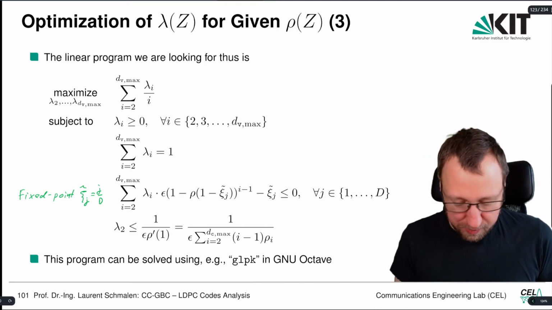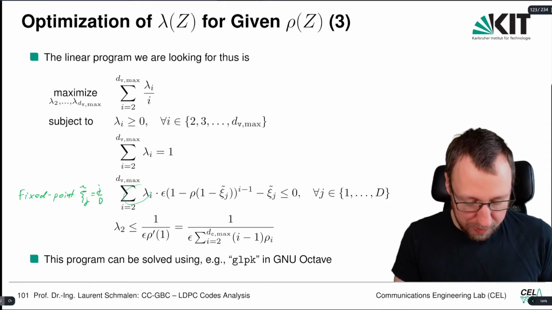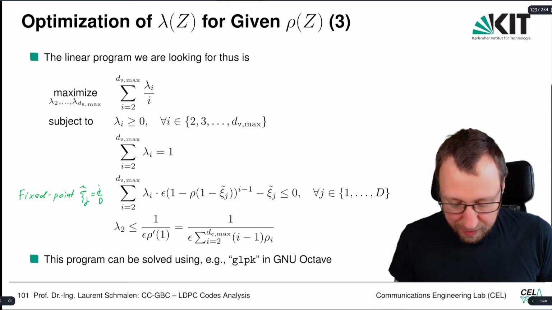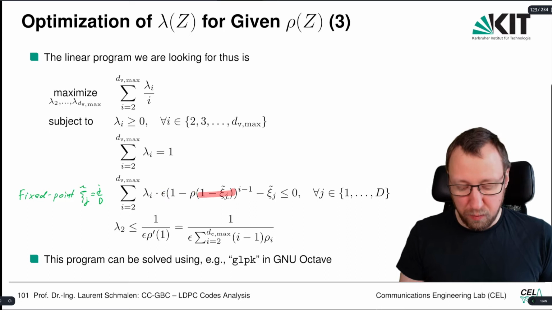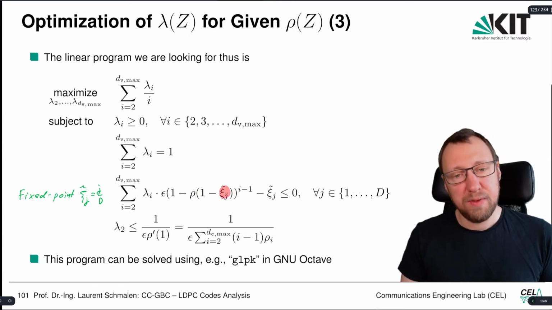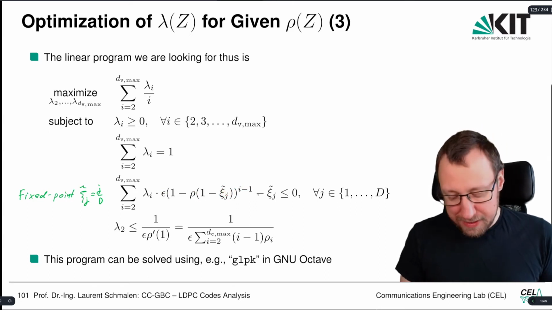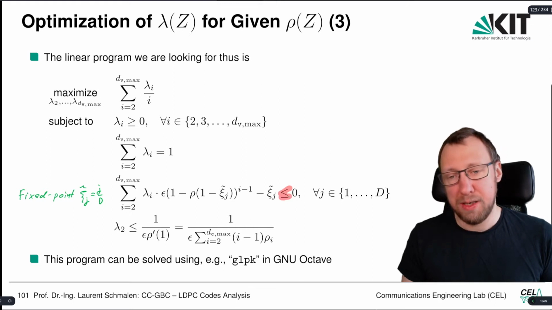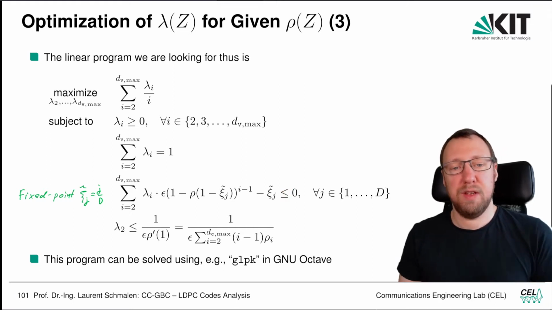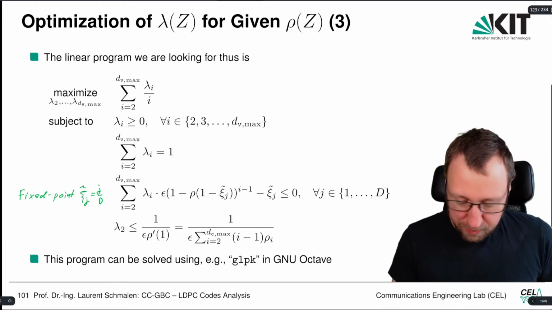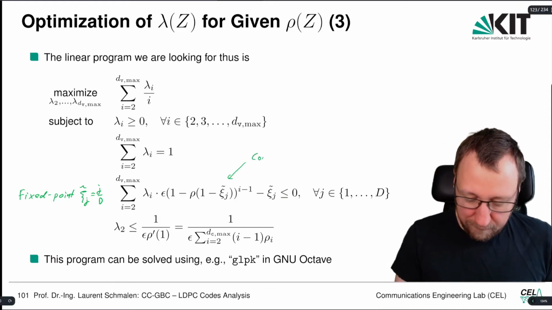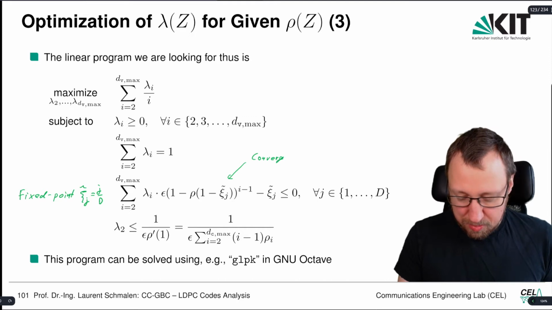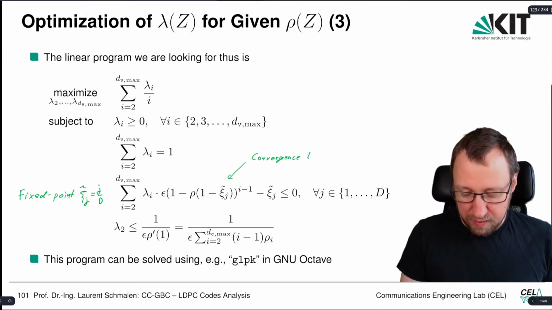So the sum over lambda i's times epsilon times (1 minus rho(1 minus c_j tilde)) to the power i minus 1, minus c_j tilde, must be smaller or equal than 0 for every j between 1 and d. So this means that convergence to 0 is possible.